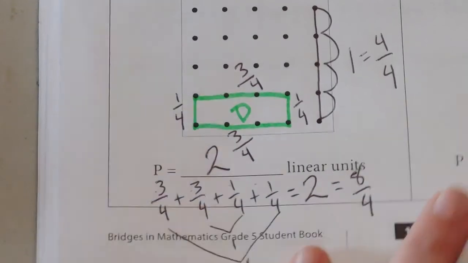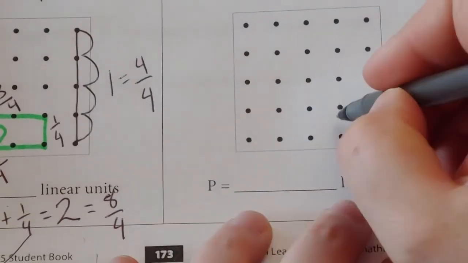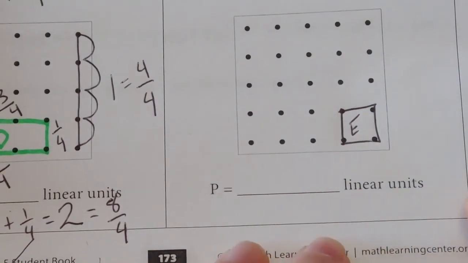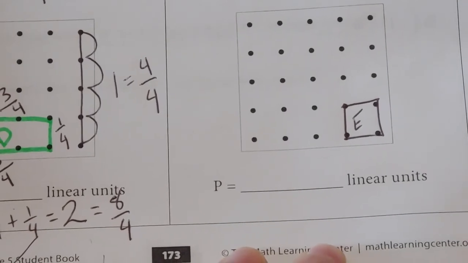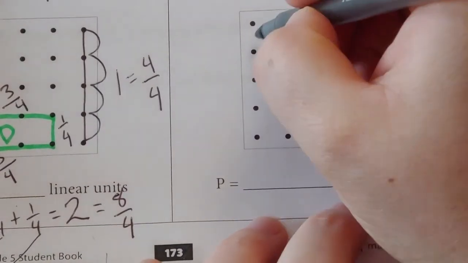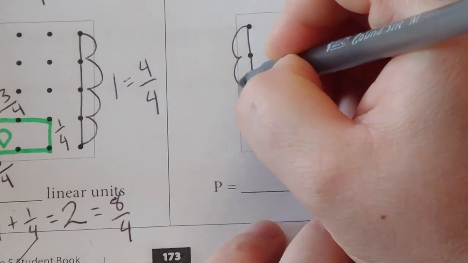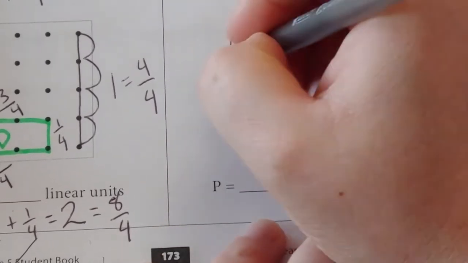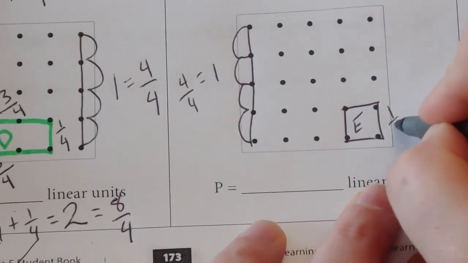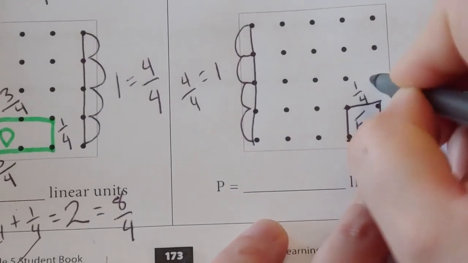All right, last one. And that is E. Again, get me dimensions for E. What are the side lengths? So, here's our model. So I see 1/4, and this is a square.